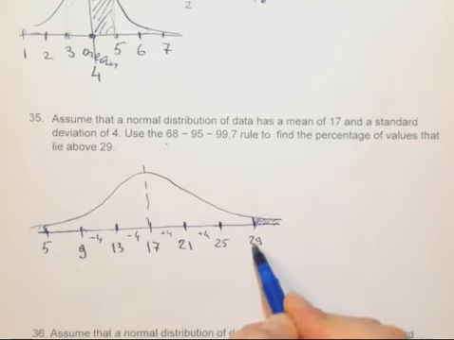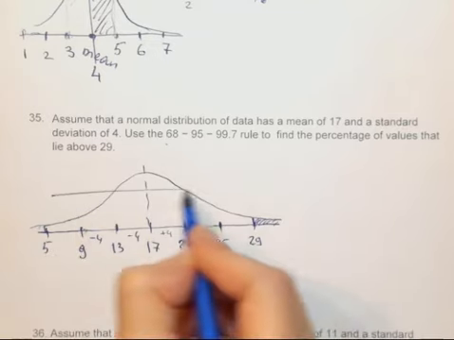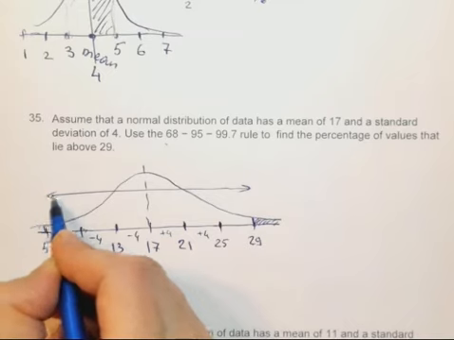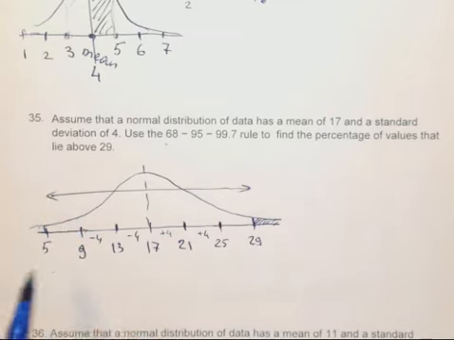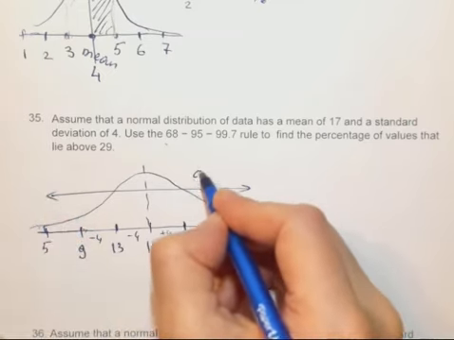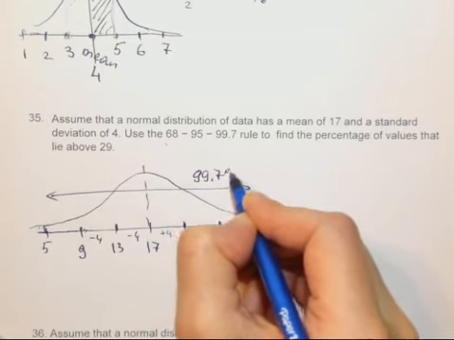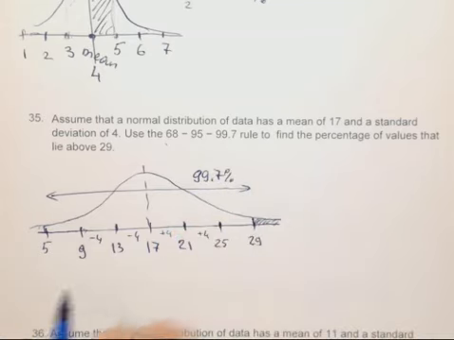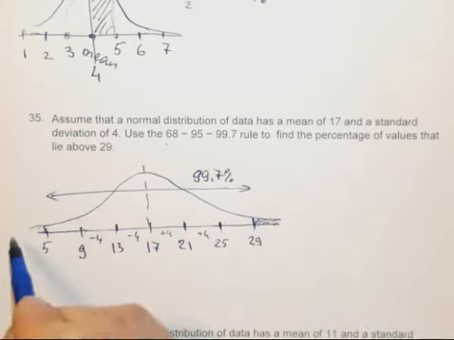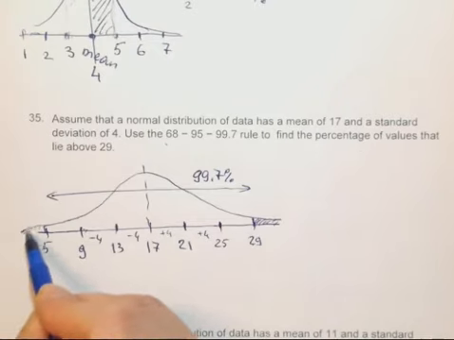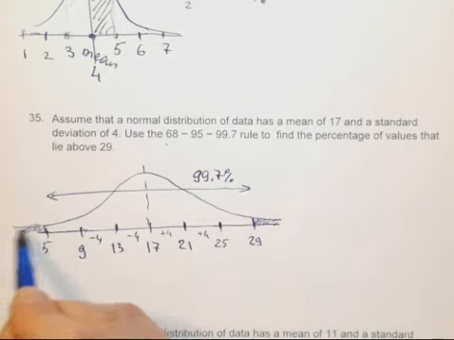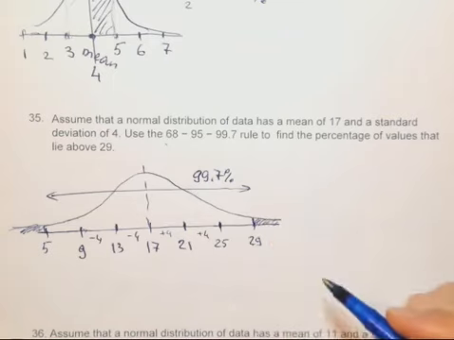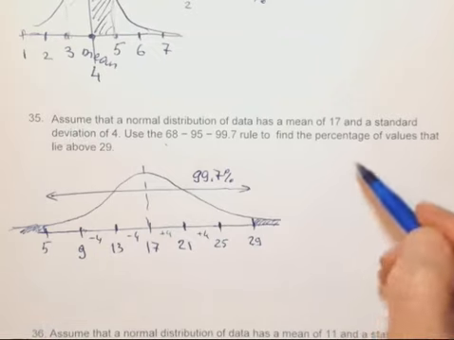Between 5 and 29, 3 standard deviations to the left and 3 standard deviations to the right, there are 99.7% of values. So it means that the rest is below 5 or above 29. Below 5 and above 29 are equal groups, an equal number of values.